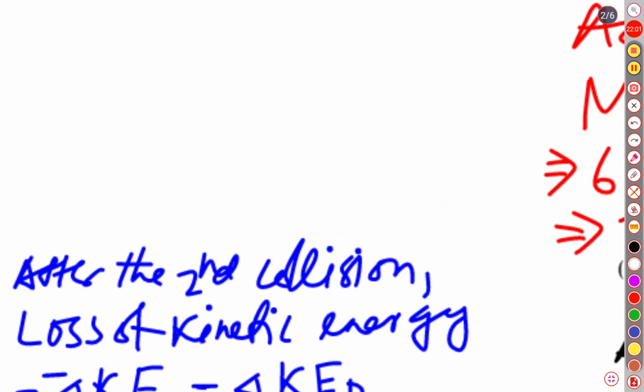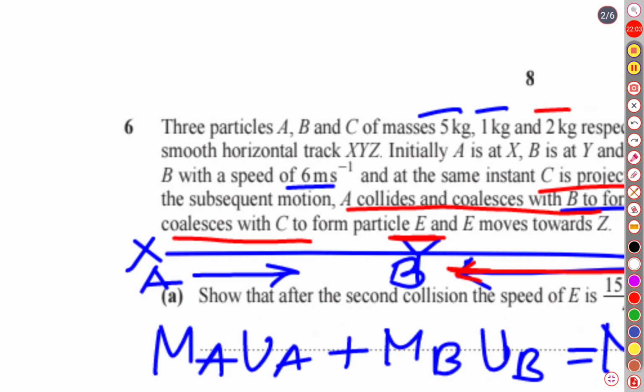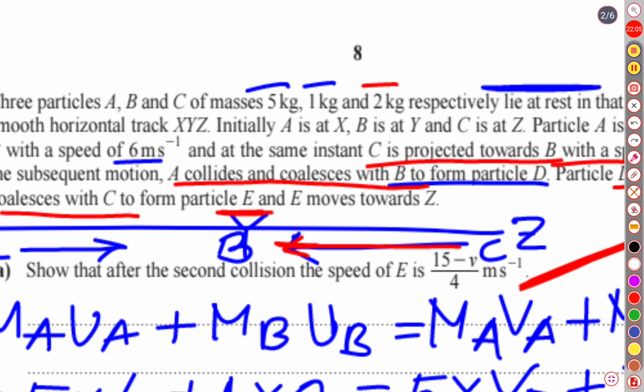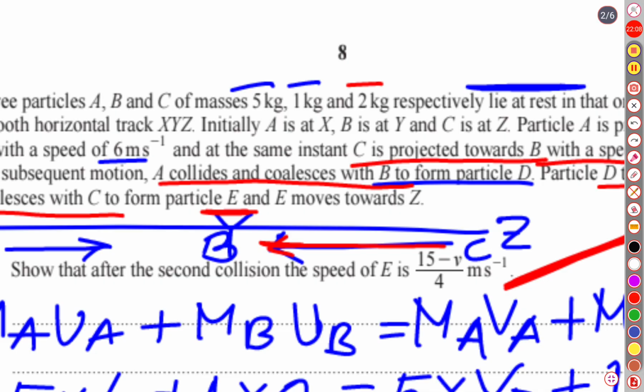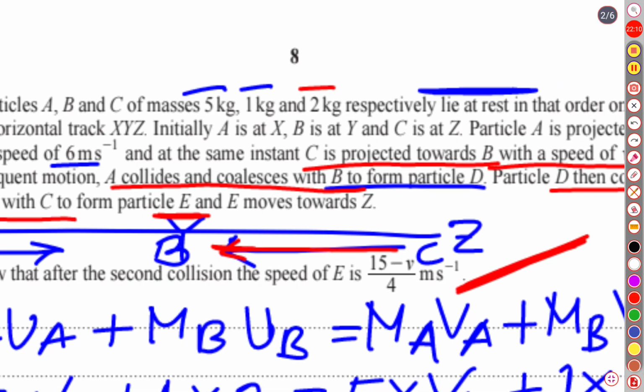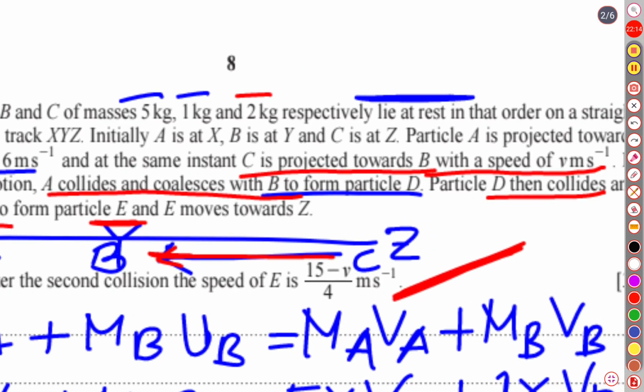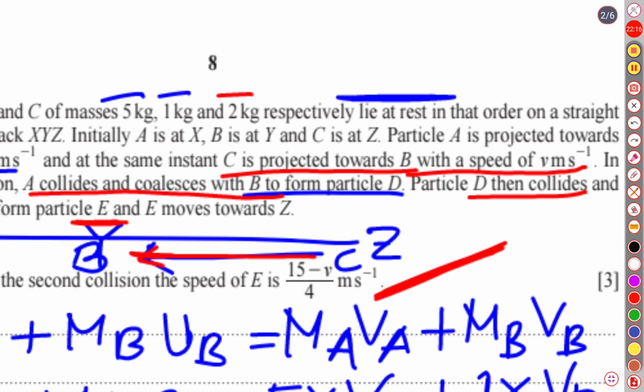Let's see what was the initial velocity of C. Look, C is projected towards B with the speed of v meter per second.